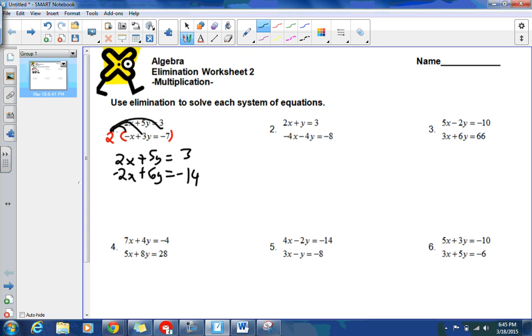When you solve this, it's really nice because the x's will cancel out. We're adding the two whole equations together, so we have 11y equals 3 plus negative 14, which is negative 11. Divide both sides by 11 and you get y equals negative 1.